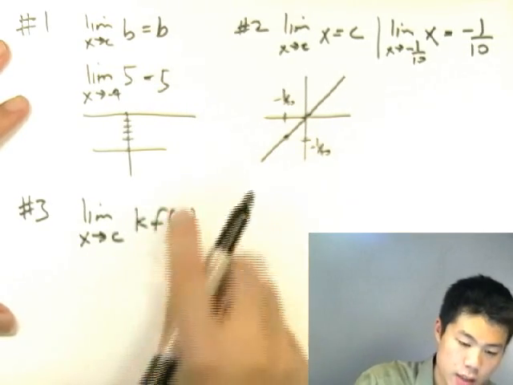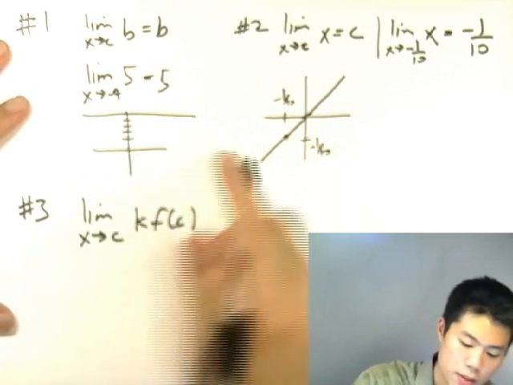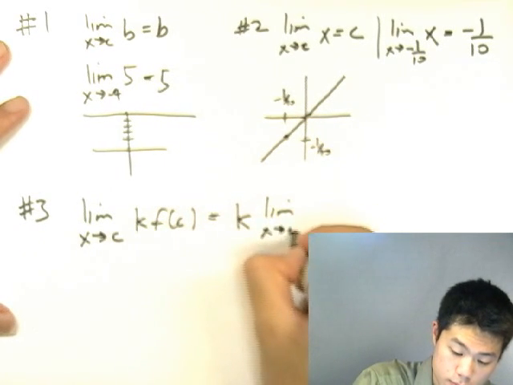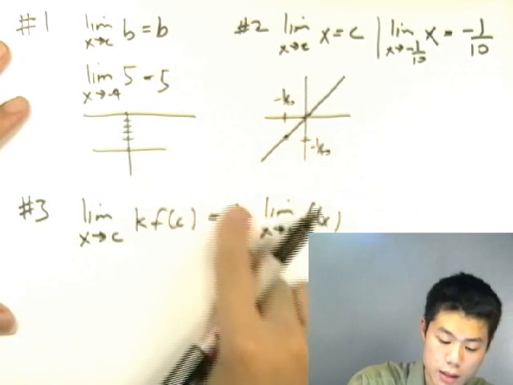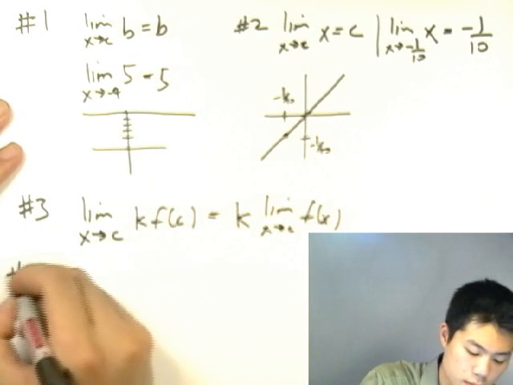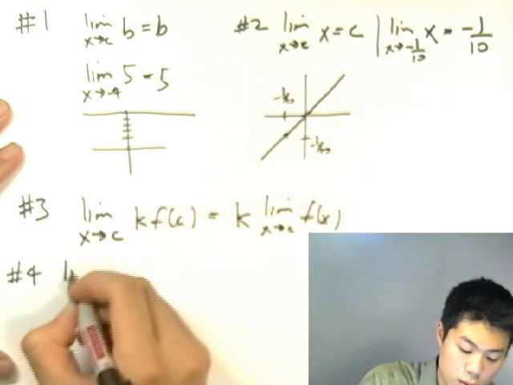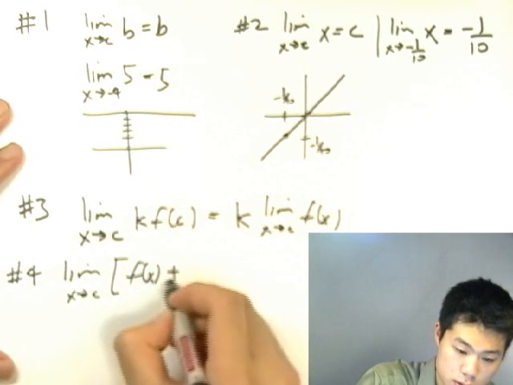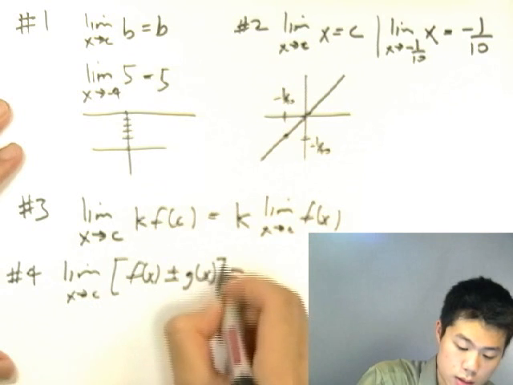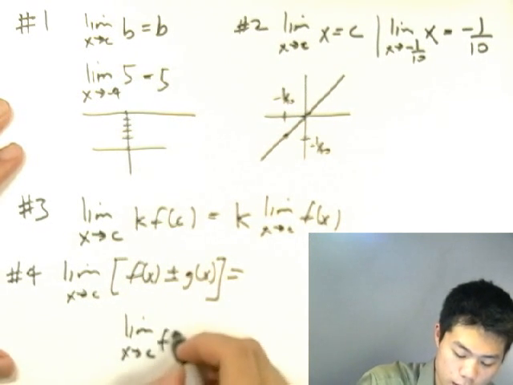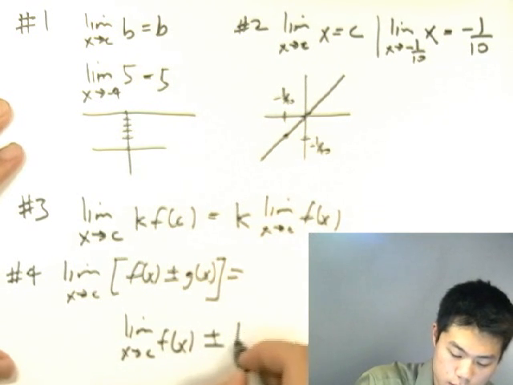Property number 3: if we have a constant in the function, we can pull the constant out of the limit. Here k is any constant number. Property number 4: if we have an addition or subtraction, this is simply equal to each function's limit evaluated individually, so you can break up the limit this way.